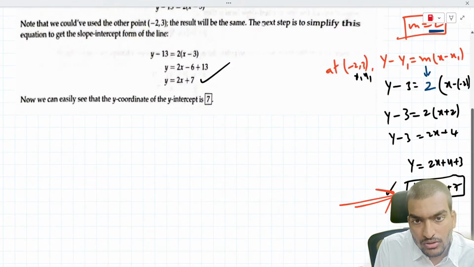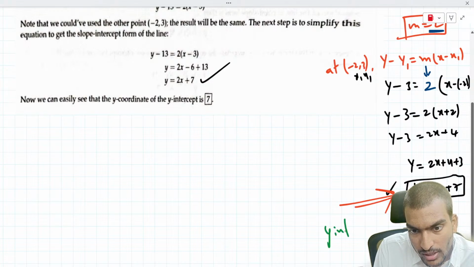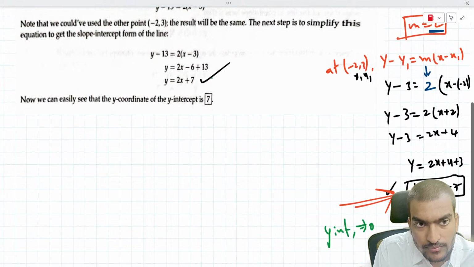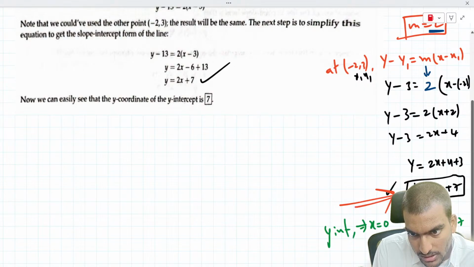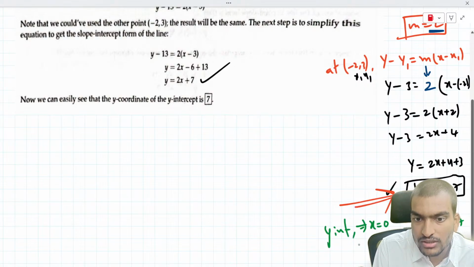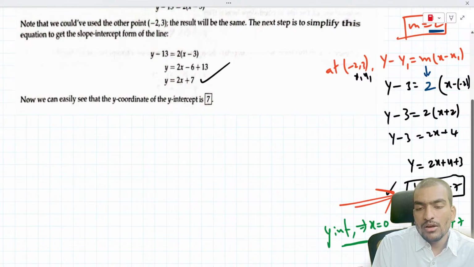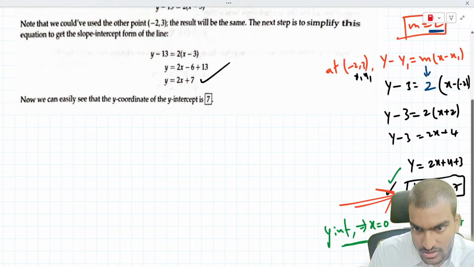Y coordinate of the y intercept means what? At the y intercept, x value equals 0. X equals 0, which means y equals 2 into 0 plus 7, then y equals 7. This is the y coordinate of the y intercept.